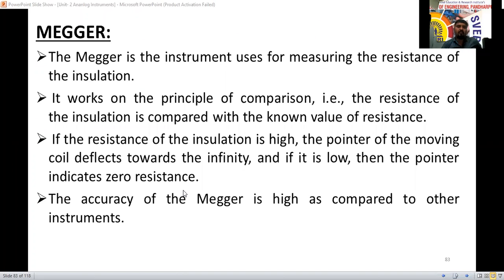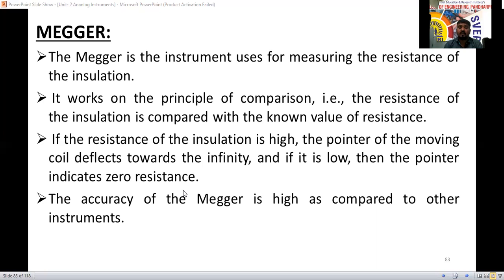So why do we have to study this instrument? Its accuracy is very high as compared to other instruments. You can visit any transformer company. Before completing the manufacturing, they will do the winding of the transformer first. Once the winding is over, they are going to measure the Megger value at that point.